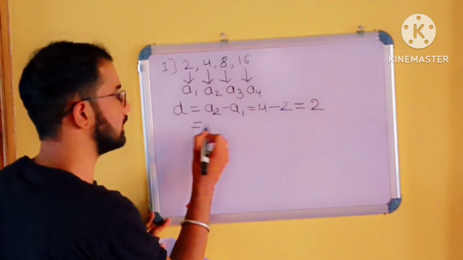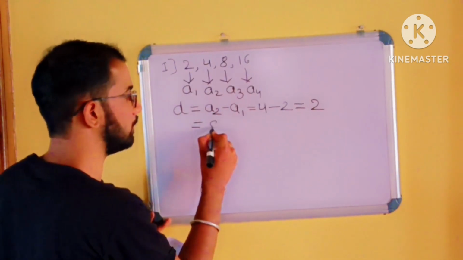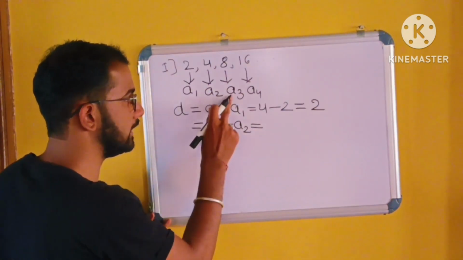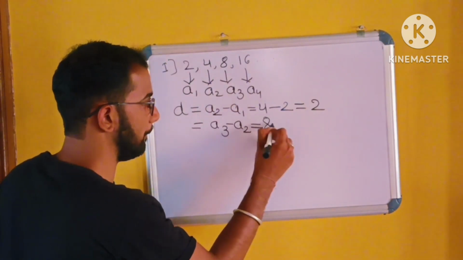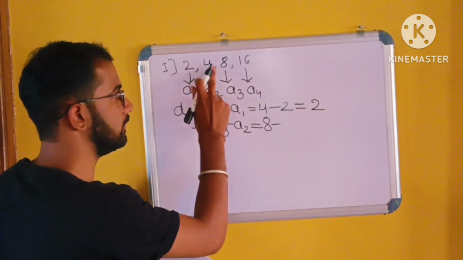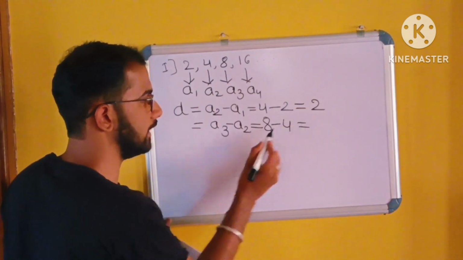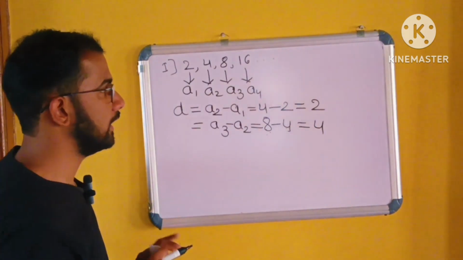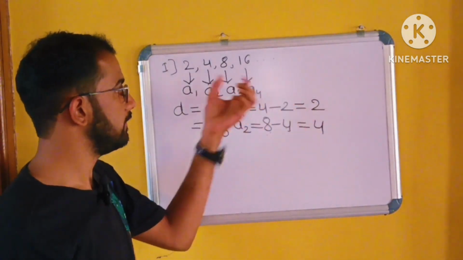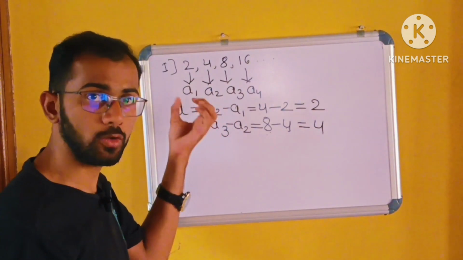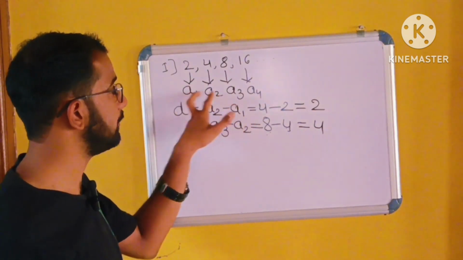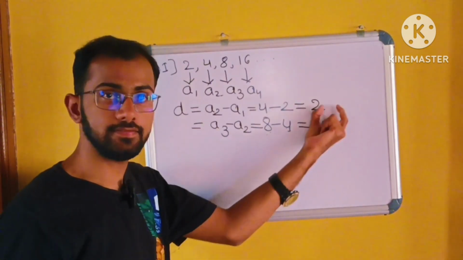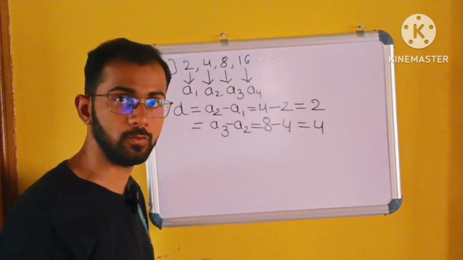And the next, A3 minus A2. What is the value of A3? A3 is 8, minus A2 value, which is 4. See here, 8 minus 4, that is 4. See here the difference. If we calculate the common difference between these two consecutive pairs, we don't get a fixed value. We don't get the same value.